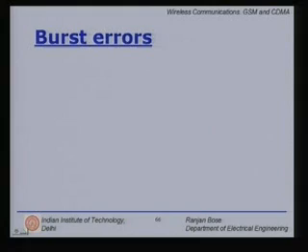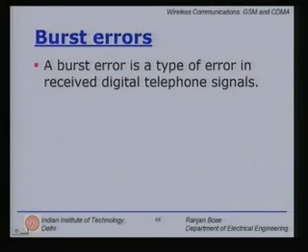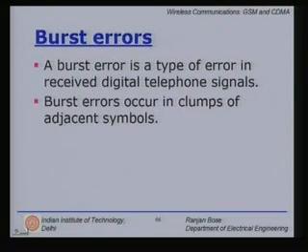Now, we realized that in mobile channels, when we undergo fades, we tend to have burst errors. What are burst errors? Burst errors are sequences of bits in error. So, they are not random errors sprinkled all over the data stream, they come in bunches and they are known as burst errors. A burst error is a type of error in the received digital telephone signals. Burst errors occur in clumps of adjacent symbols.